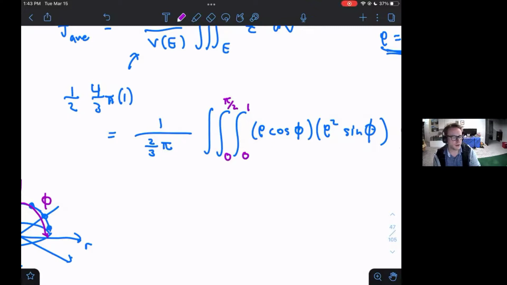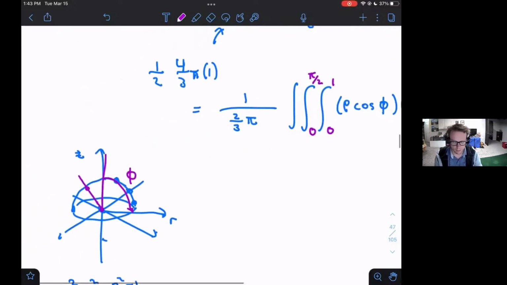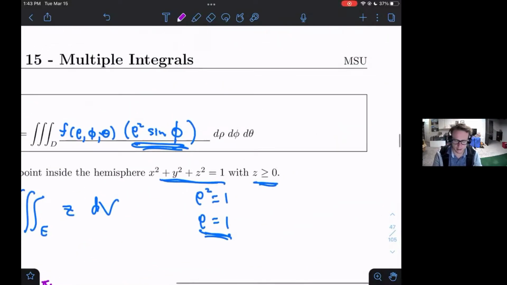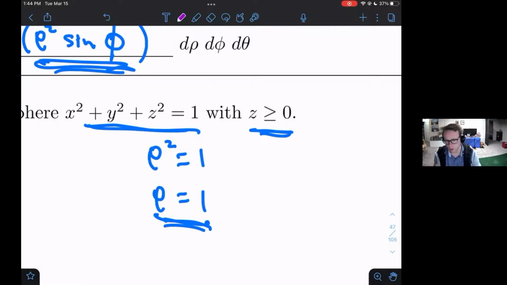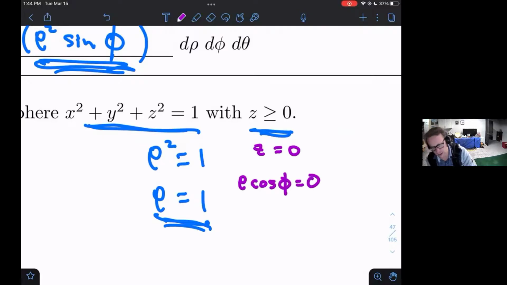And then lastly, for our thetas, notice that there are no restrictions on theta here. By the way, with z equals 0 being a boundary, we could write that as rho cosine phi equals 0. Divide by rho on both sides.